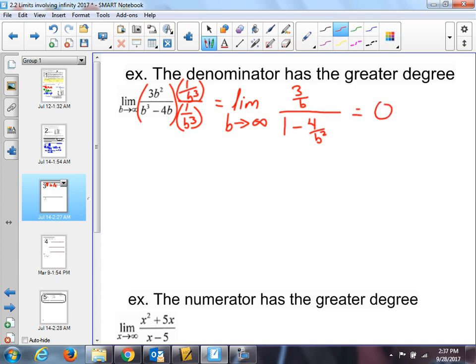So if you can see that, you don't have to show the work. In this case, when the denominator has the greater degree, the limit will equal 0. And you can jump straight to that. Just like the other one, you can jump straight to the ratio of the leading terms. So there's a conclusion there.